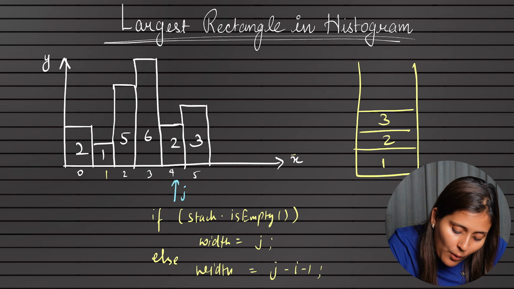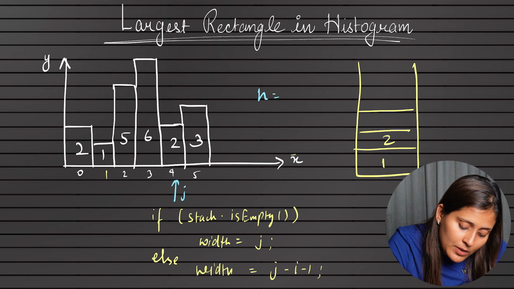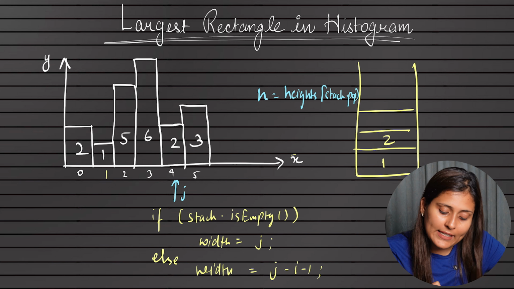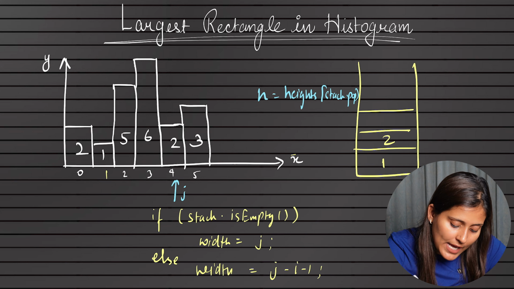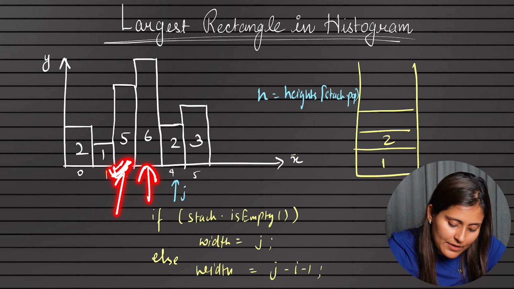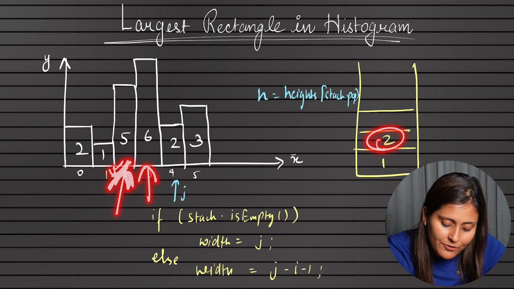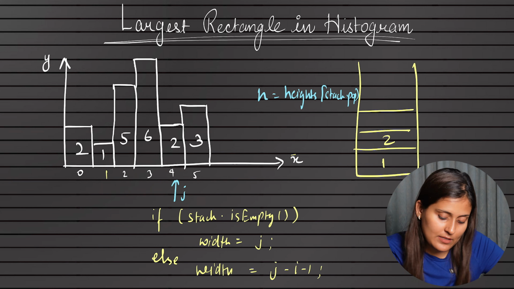If you pop this index, then in the current height you will say heights of stack dot pop. Can I say h will have the current height, which is 6, for which I have to calculate. Now the left height I'll save here, or without saving also you can say stack dot peak is your left smaller height and right smaller height is your current element. Yes.